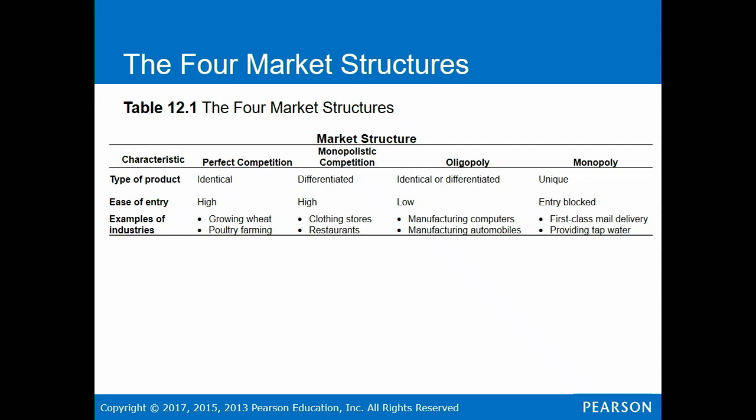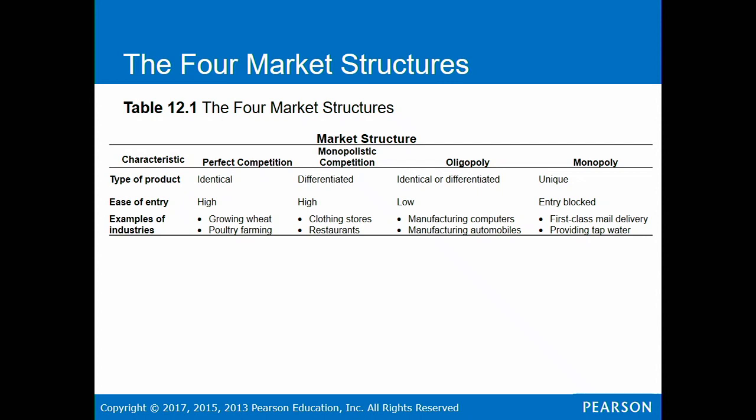Now for monopolistic competition, the ease of entry is also very, very high. So relatively low cost to jump in and begin competing. But the products are going to be differentiated. So for the market for laptops, a whole lot of different brands, and each brand is different. Some are more reliable than others, some are lower cost than others.